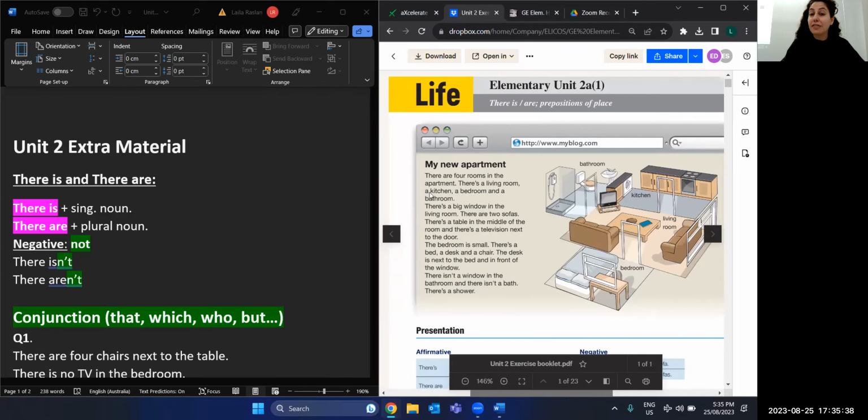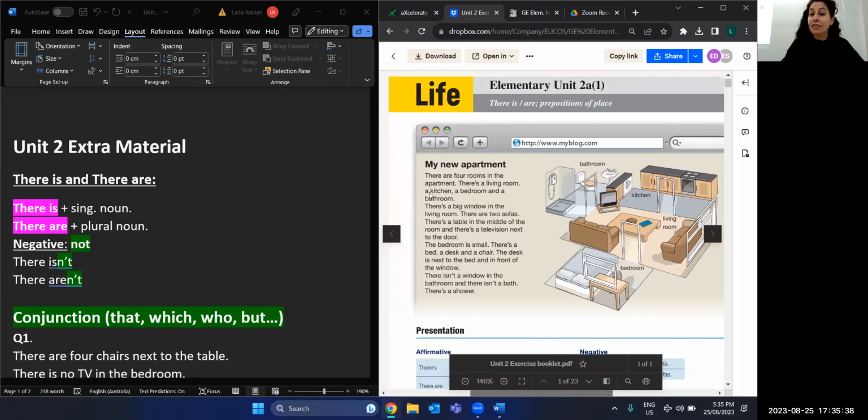So I might write object because that's what we've been looking at. And the negative, we add not. So if you see here, there isn't a window, there aren't. I don't think we have there aren't, but you could say there aren't windows. So as long as you know this is the plural and this is the singular.